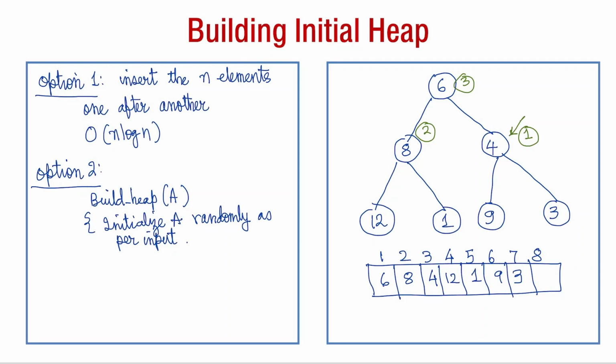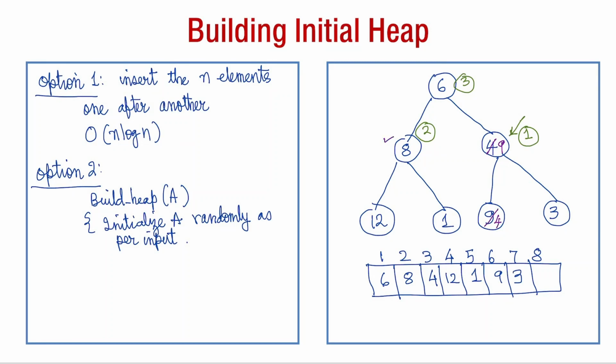I don't need to update the leaf nodes, but I will update the intermediate nodes in the reverse order. First I will update 4. By applying the update down function, it will only look at this level, and this will become 9, and this will become 4.